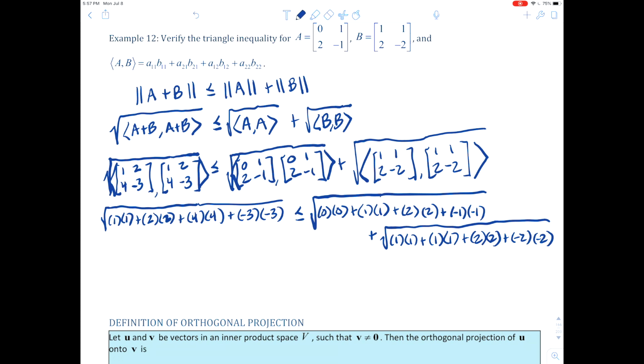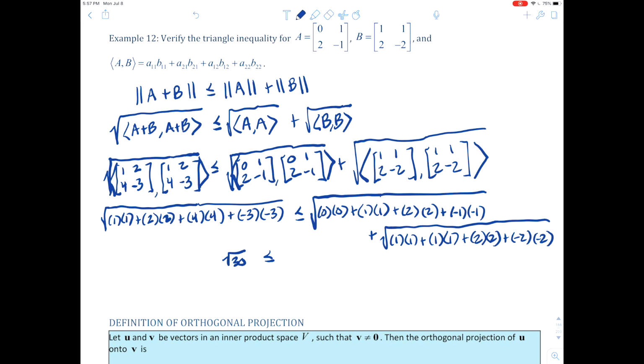So let's see what we get. We've got 1 plus 4 is 5, plus 16 is 21, plus 9 is 30. So on the left side we have root 30, and that needs to be less than or equal to 0 plus 1 is 1, plus 4 is 5, plus 1 is 6.